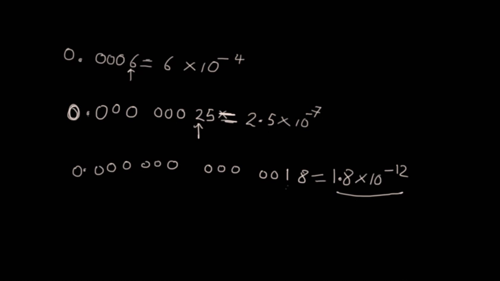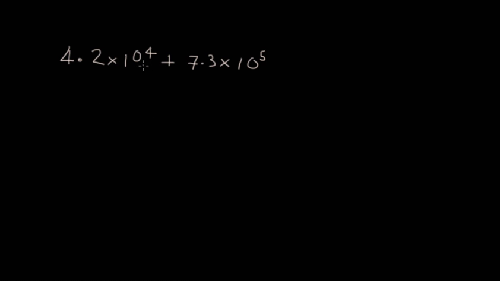Now, we can use standard form to do some sums. So we've got 4.2 times 10 to the power 4, and we want to add this to 7.3 times 10 to the power 5. Now you could take these out of standard form and put all the zeros in and then do your sum.